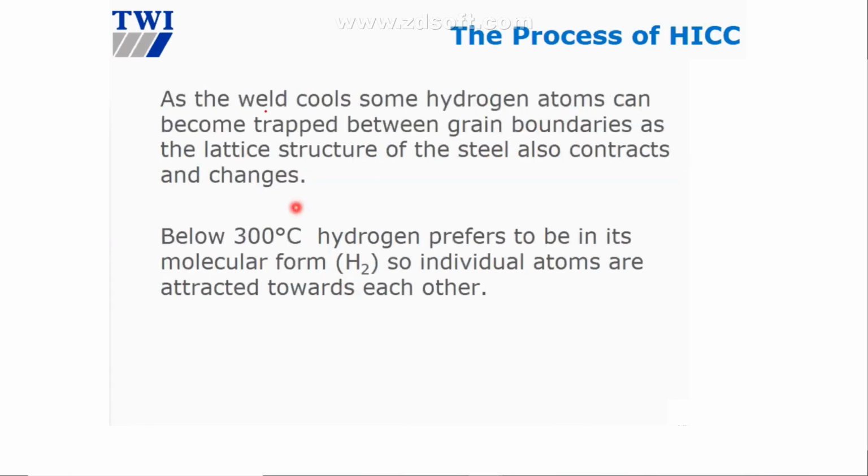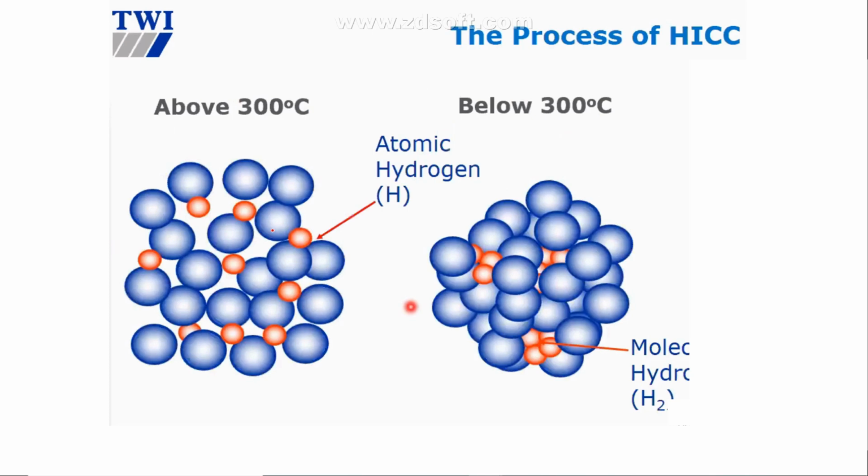As the weld cools, some hydrogen atoms can become trapped between grain boundaries as the lattice structure of the steel also contracts and changes. Below 300 degrees C, hydrogen prefers to be in its molecule form, so individual atoms are attracted toward each other. So what is said here, during welding, the temperature is above 300 degrees C.